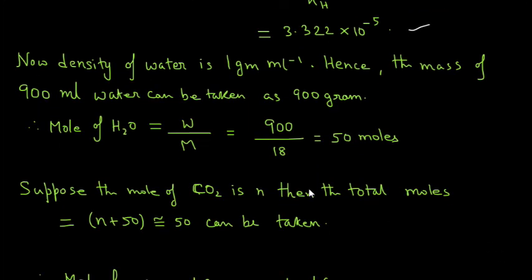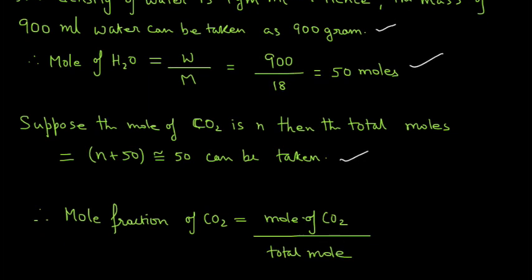Now density of water is 1 gram per ml, hence the mass of 900 ml water can be taken as 900 gram. So mole of H2O is equal to W by M, which is 900 by 18, that is 50 mole. Suppose the mole of carbon dioxide is N, then the total moles will be N plus 50, which can be written as 50 approximately.